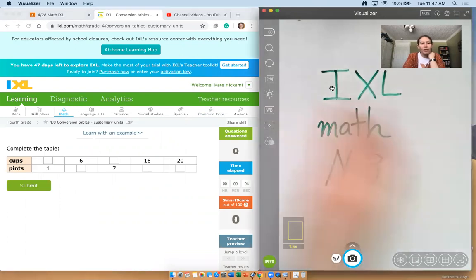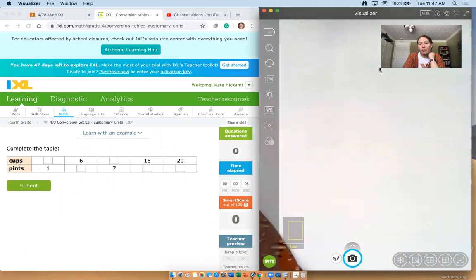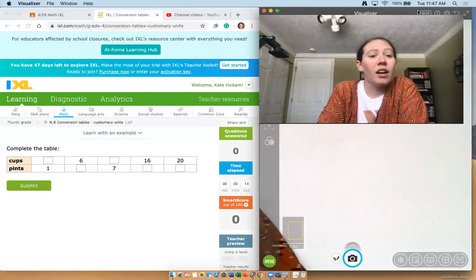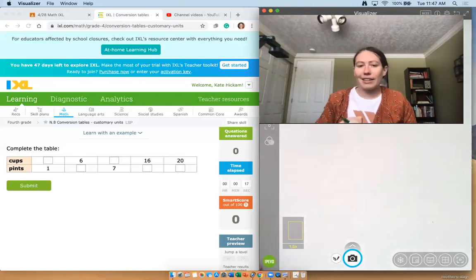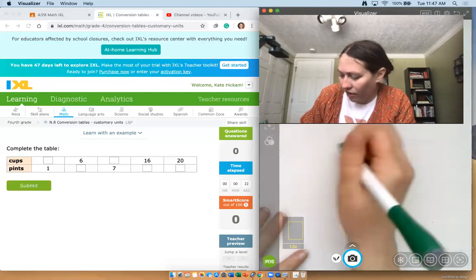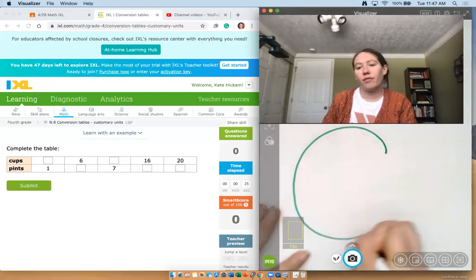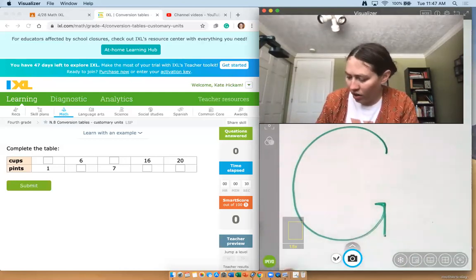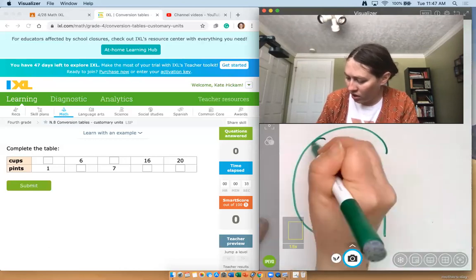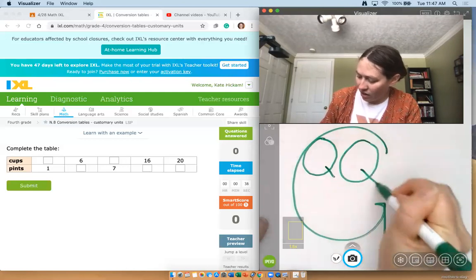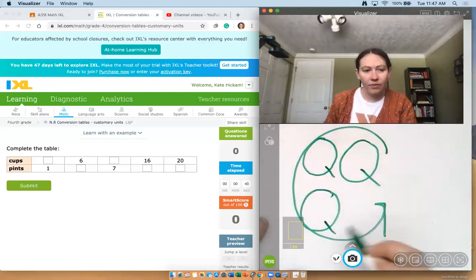All right, so this one I'm converting. So if you have your binders with your conversions in them, this would be a great time to pull those out. If you remember our gallon guide drawing, inside of a gallon, we have 1, 2, 3, 4 quarts.